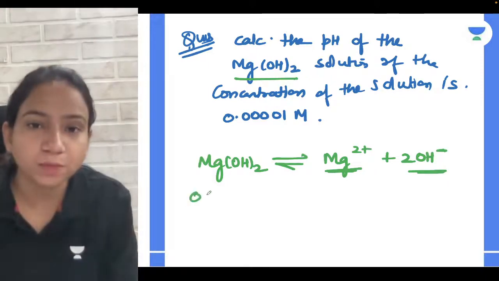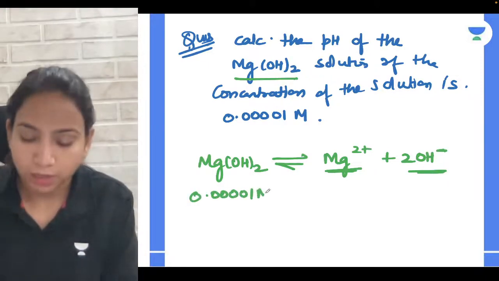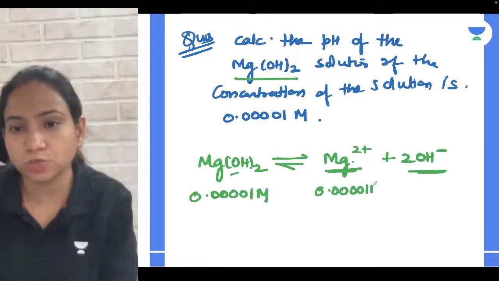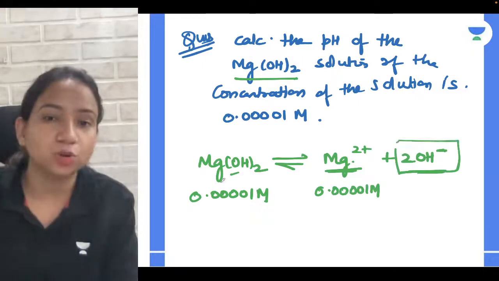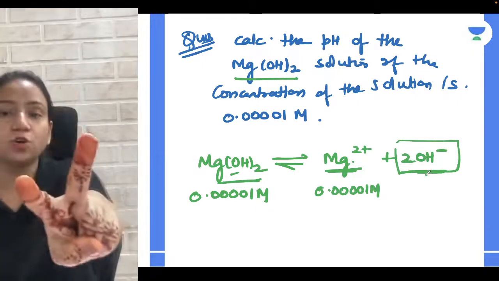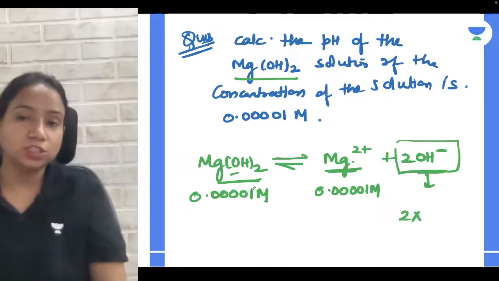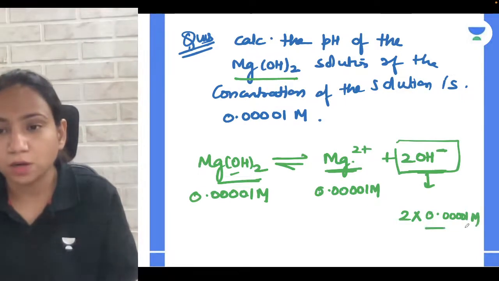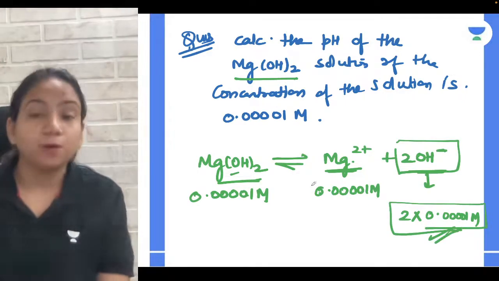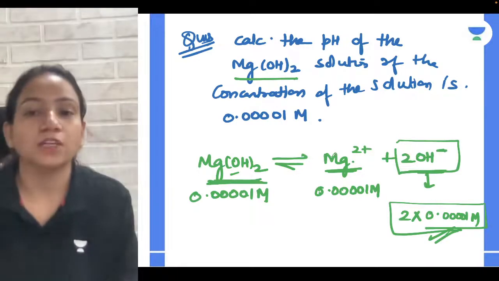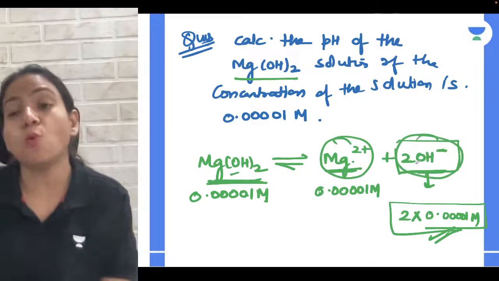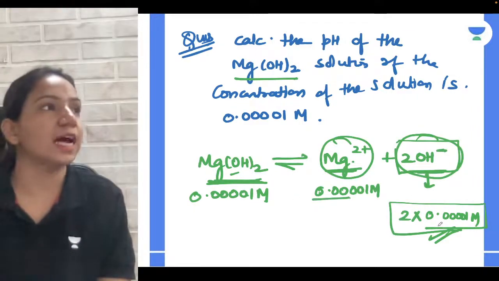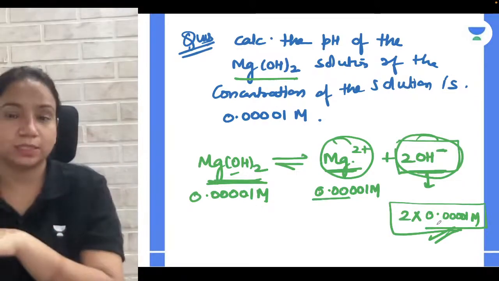So if the concentration of magnesium hydroxide is this, it gives 1 magnesium ion, so the magnesium ion will have this concentration only. But because 1 magnesium hydroxide gives 2 hydroxide ions, the hydroxide ion concentration will be 2 into 0.00001 molar. It has to be twice, because in magnesium hydroxide you have 1 magnesium ion and 2 OH minus ions.